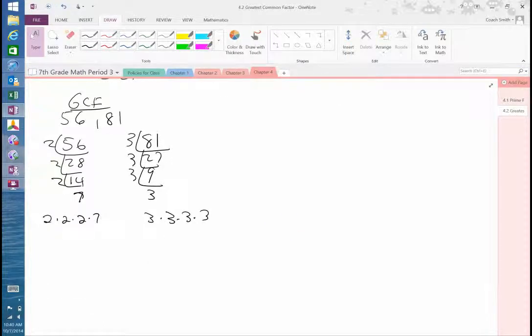Are there any common prime factors with both prime factorizations? No, there is not.